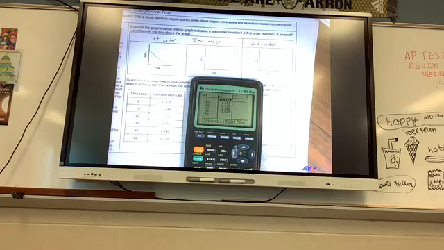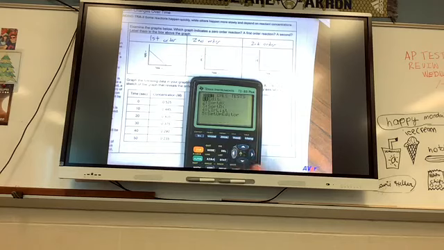L2, I just put it in to see if it's 0 order: 0.525, 0.445, 0.405, 0.375, 0.290, 0.235. Graph, stat, calc.